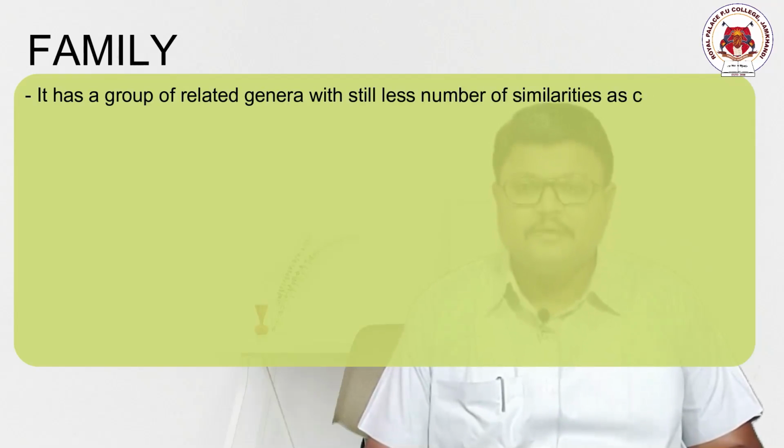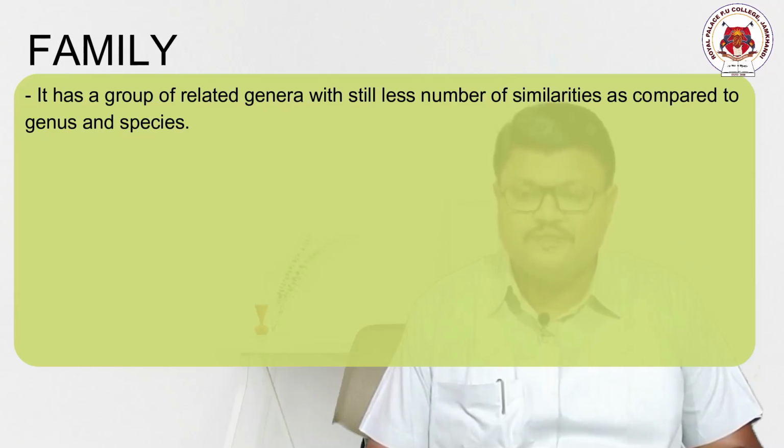Family contains more number of organisms as compared to genus, and the family contains less number of common characters as compared to genus. As I explained earlier, if you go from species to kingdom, the number of organisms increases and the number of common characters decreases.